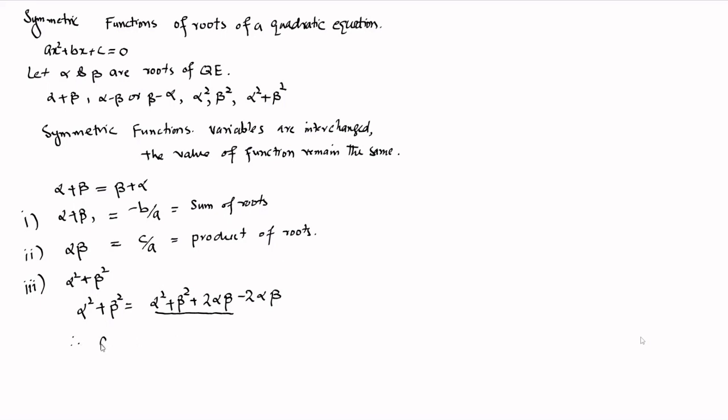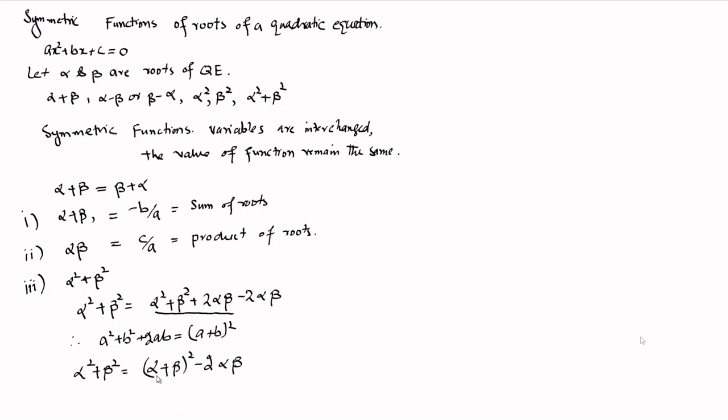So a square plus b square plus 2ab is equal to a plus b whole square. So we can write that alpha square plus beta square is equal to alpha plus beta whole square minus 2 alpha beta.